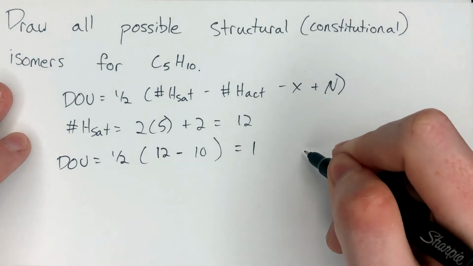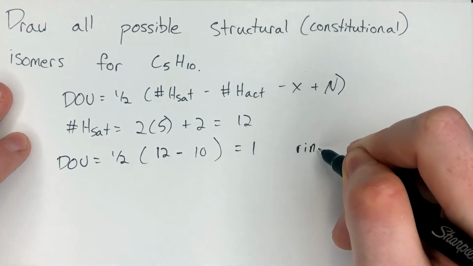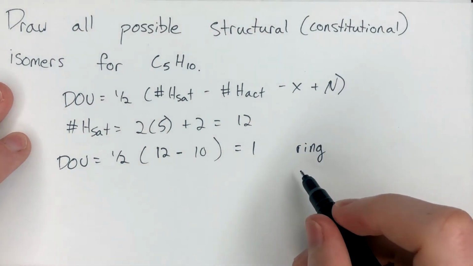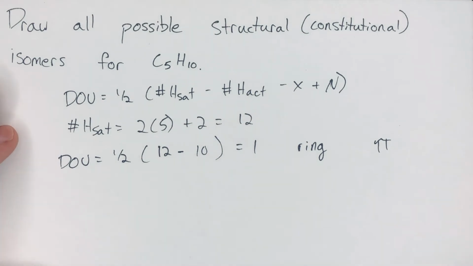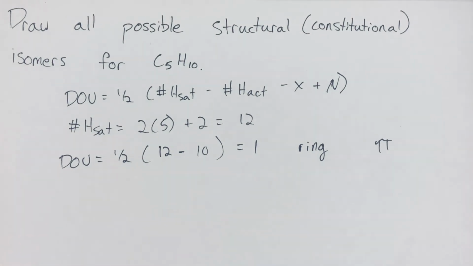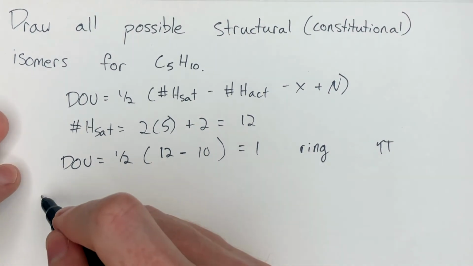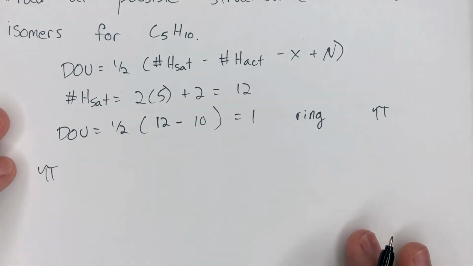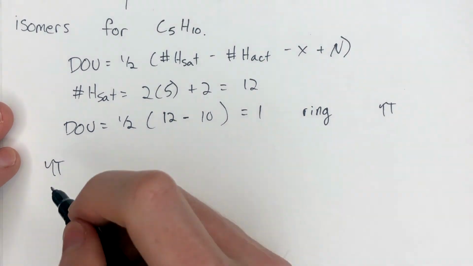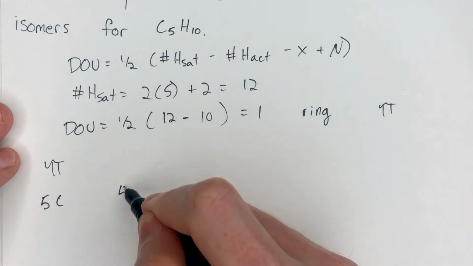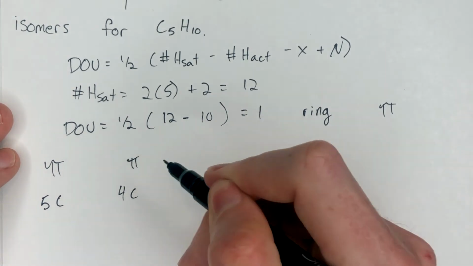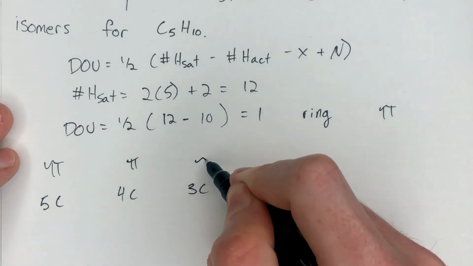So now we need to consider that there are structural isomers with a ring and structural isomers with a pi bond. And we need to consider all possible different options there. So first, let's start with the pi bond. Again, we need to consider our chain lengths. So we can have 5 carbons with the pi bond, we can have 4 carbon length with the pi bond, and we can have 3 carbon length with the pi bond.